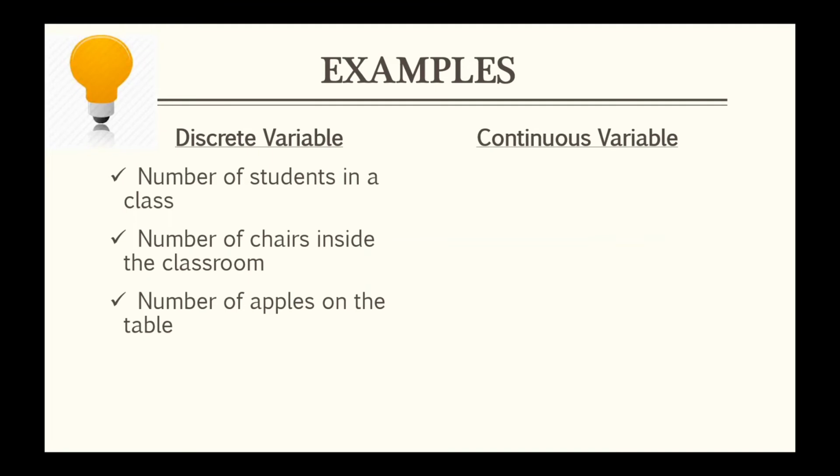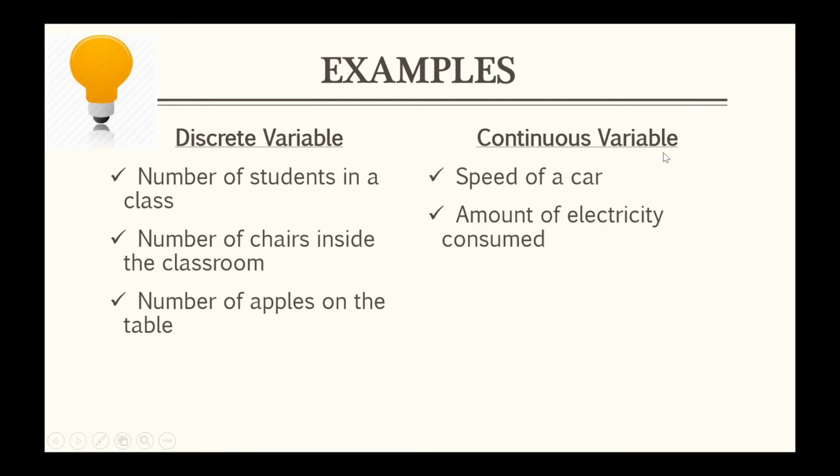There are 3 apples on the table. While continuous variable, we have here speed of a car, amount of electricity consumed, area of the basketball court. Continuous variable can only be attained through measuring using a device or instrument. It can be in the form of decimal or fraction.